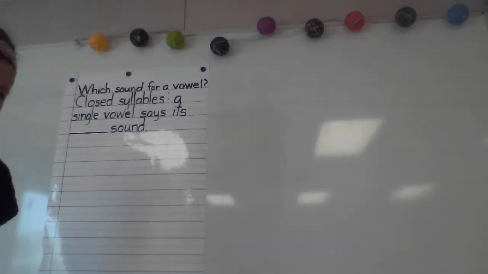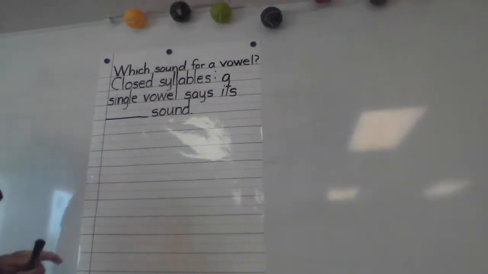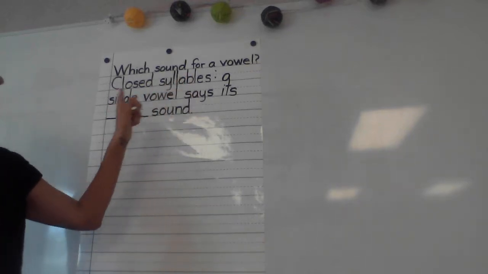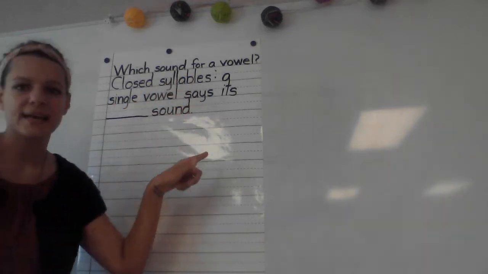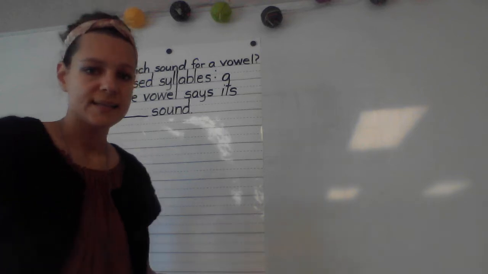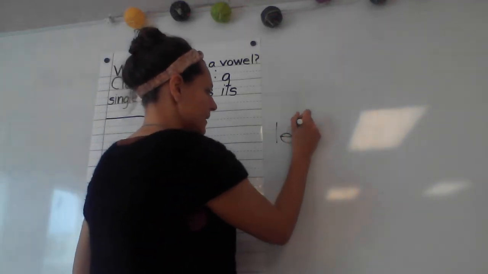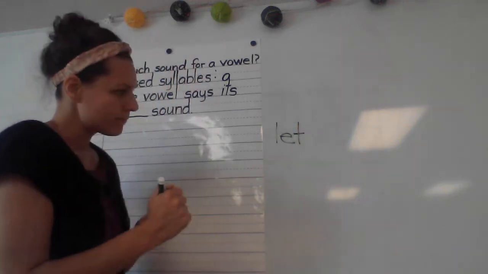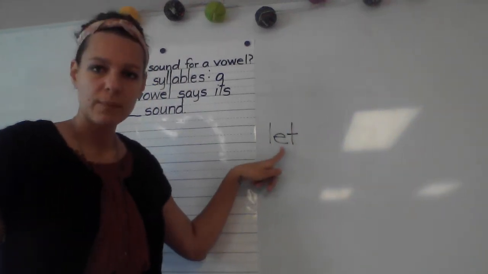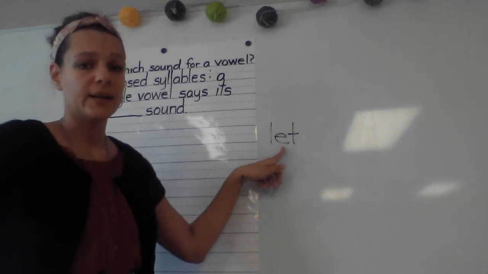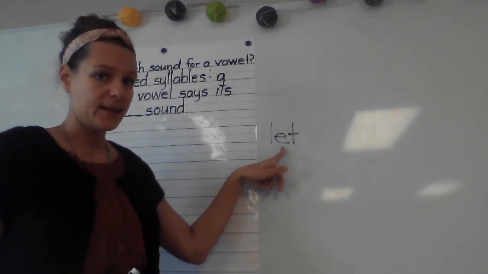So today we are going to be talking about closed syllables. In closed syllables, a single vowel says its first sound. If we look at that word we just had, this phonogram has how many sounds? Good, it has 2. It says e.